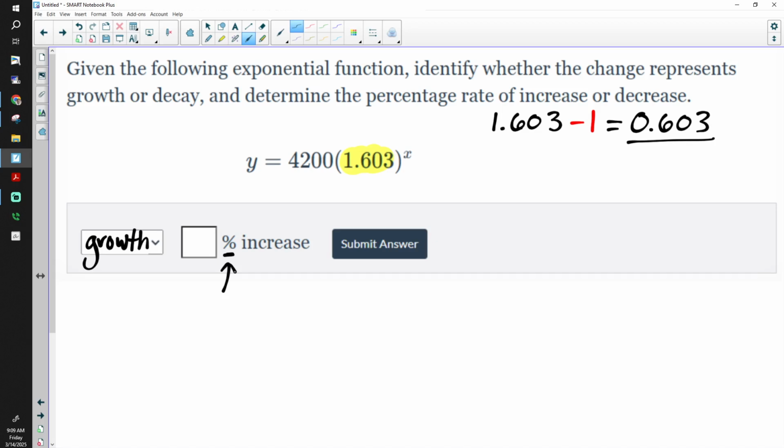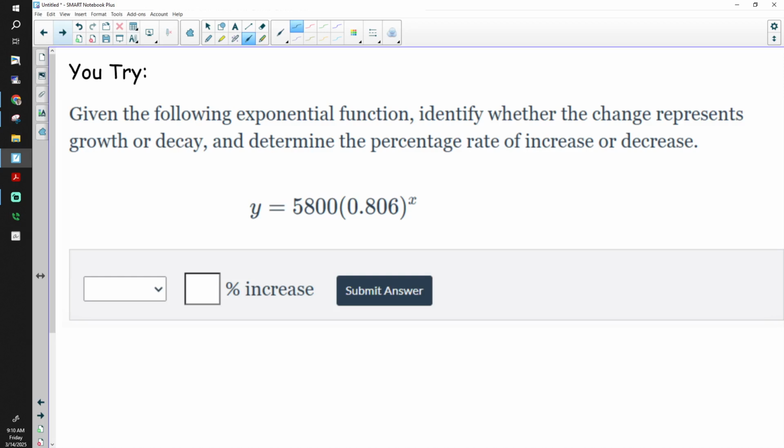So to do the opposite, we multiply. 0.603 times 100, and you get a percentage increase of 60.3. And click submit. Okay, so we multiplied by 100. Now it's your turn. Go ahead and try.